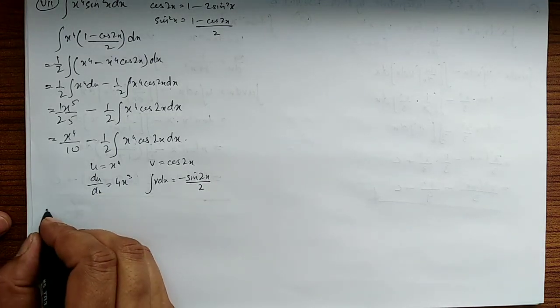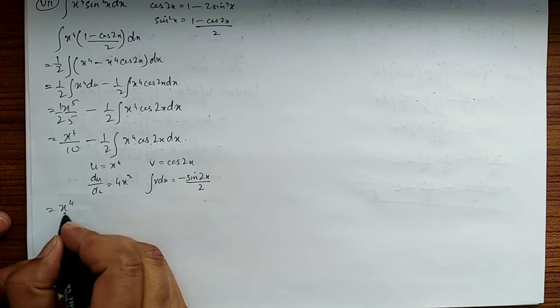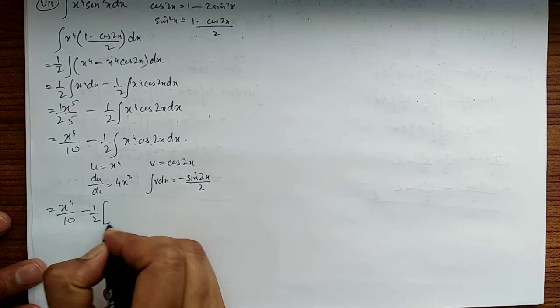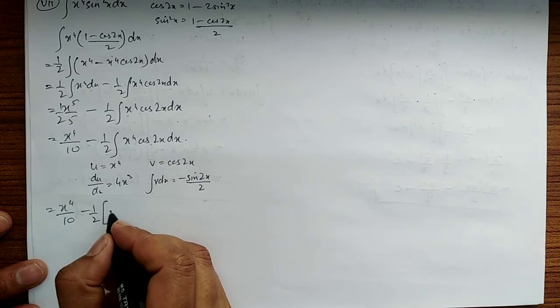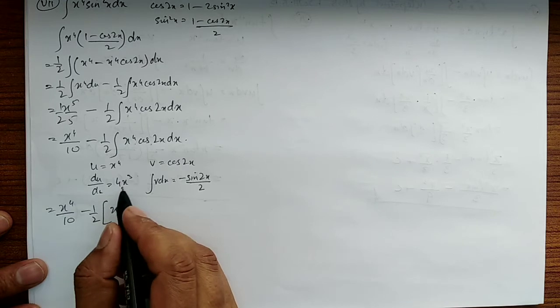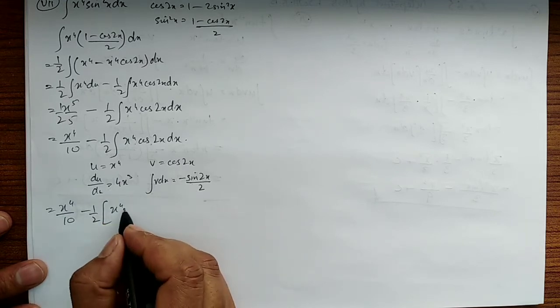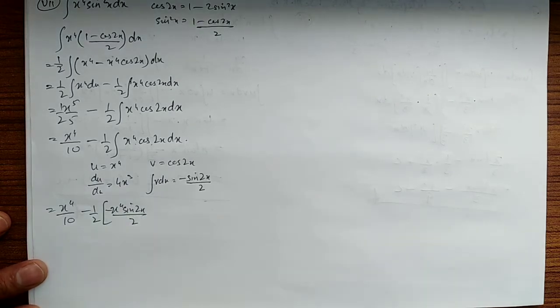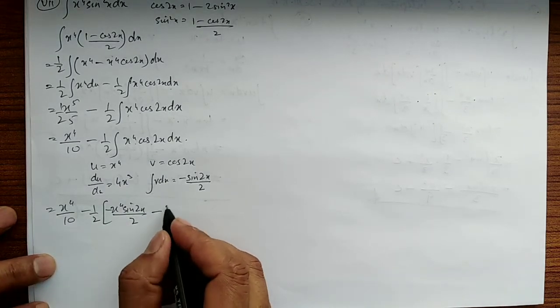Putting the values here in the given question, minus 1 upon 2. Now what is the original function? That is x power 4. Integral of the function, that is sine 2x upon 2. We are actually directly putting the values in the formula.